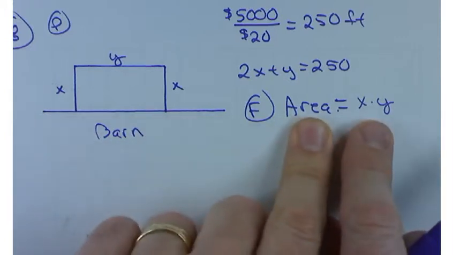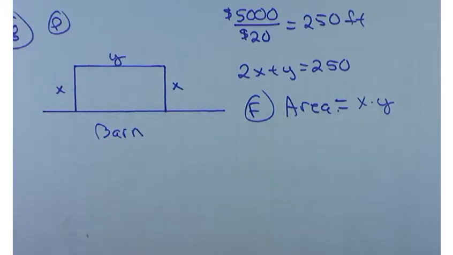But the problem with this function is that it depends on two variables, right? It depends on x and y. We want something that just depends on one variable. So how could I rearrange this so that it just depends on one variable? There you go.